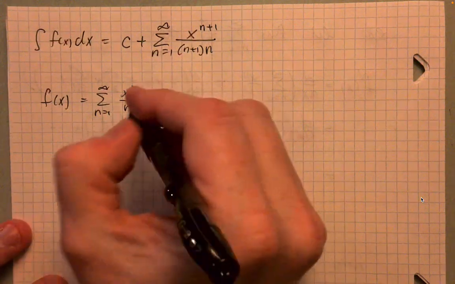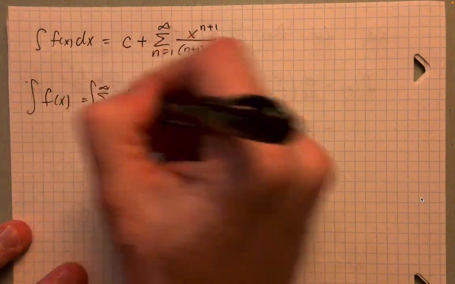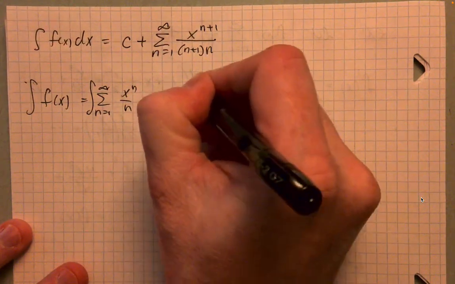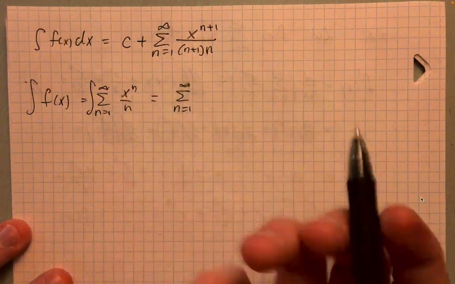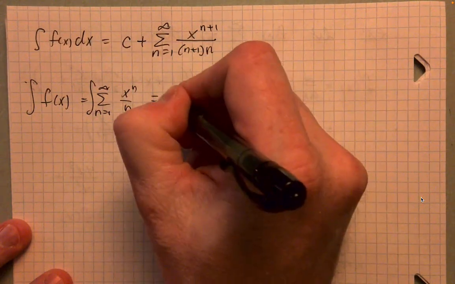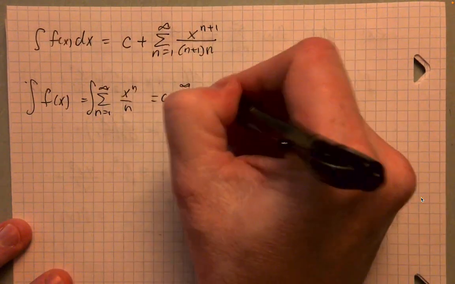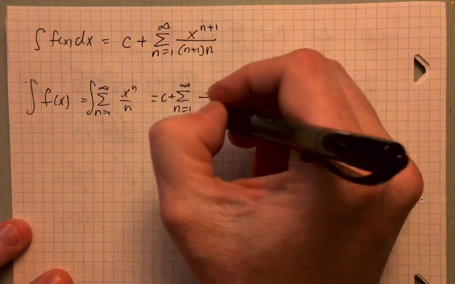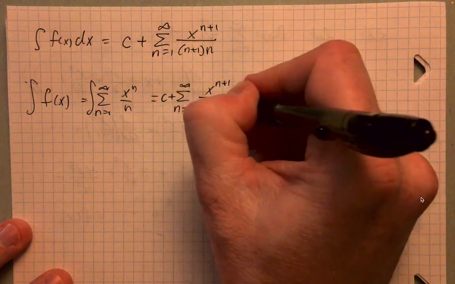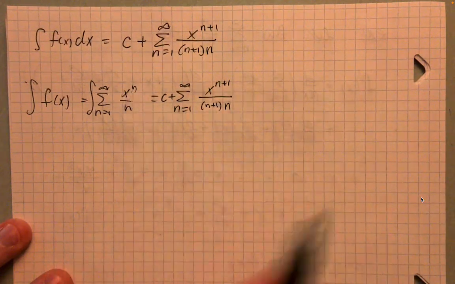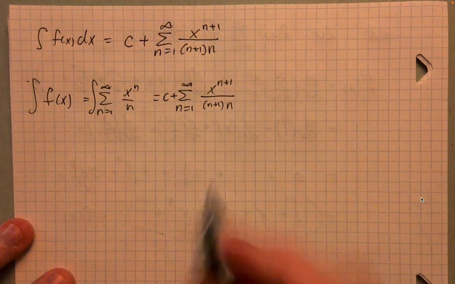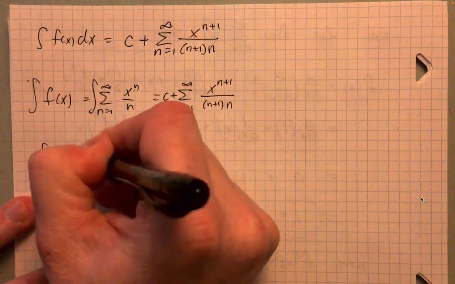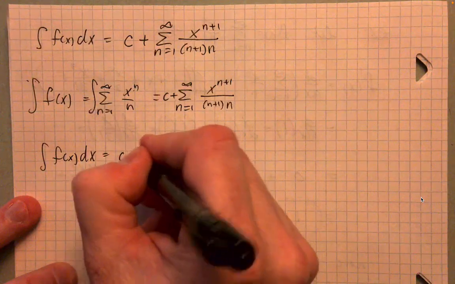To integrate, we increase the exponent by 1 and then divide by that as well. So that's where you get the n plus 1 on the bottom times the n, right? Do you see that? Okay.